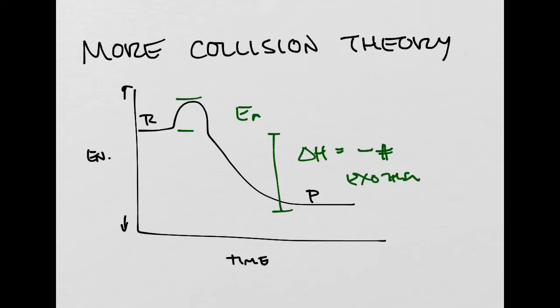Now, a very important thing to consider here is that for any reaction, while the shape of this curve will be the same to some degree, it is going to vary according to a whole series of things. In other words, the time is going to change according to a whole bunch of things that we're going to discuss. My curve, while it's still going to be an exothermic curve, may actually look something like this.